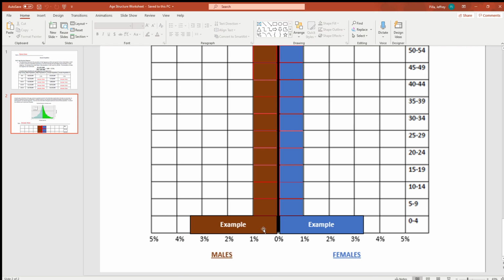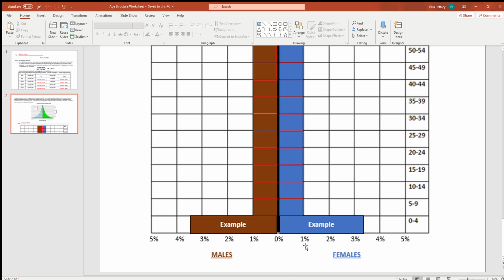On this male side, our bar should extend out to about 3.5%, where we have the age group 0 to 4. So let's see if I did that. So we have males 0 to 4, and it should extend all the way out to about 3.5%, which it does. Now I'm not looking for perfect here. Is that exactly 3.5%? I don't know, but it looks close enough.